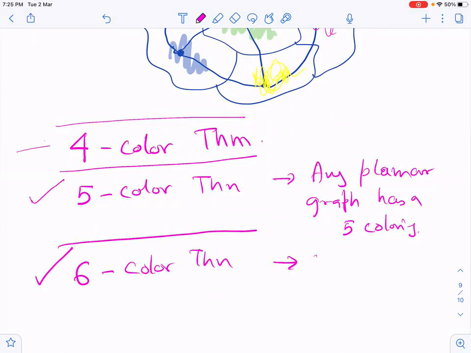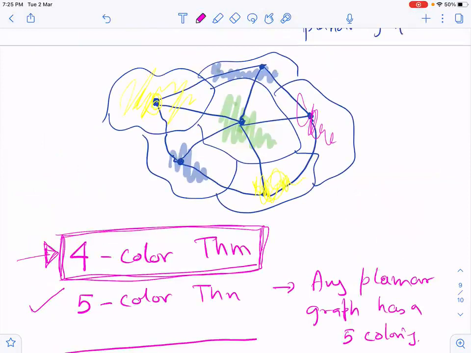This one I will not prove, but many of you who are familiar with graph theory might have heard of the four-color theorem. It is one of the most celebrated theorems in the field of graph theory: that any planar graph can be colored in 4 colors. Converted to a map, any map can be colored using just 4 colors.